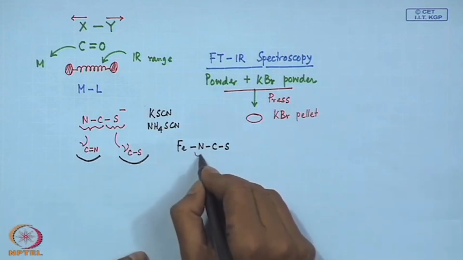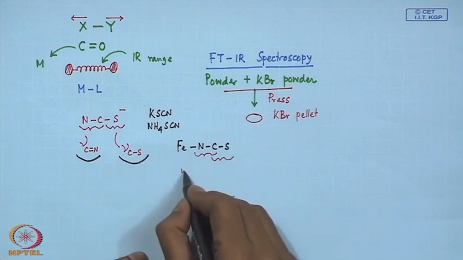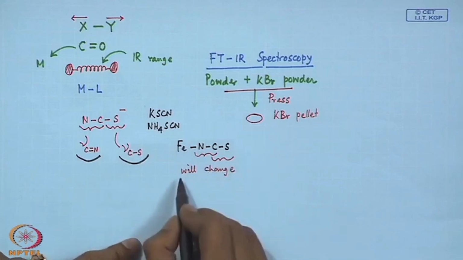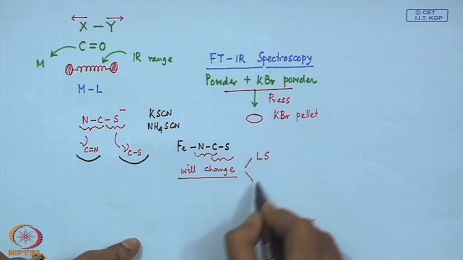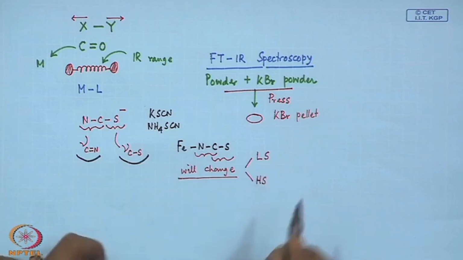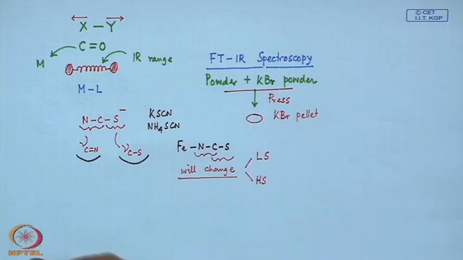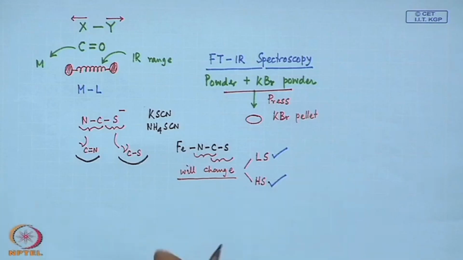The CN stretching frequency as well as the CS stretching frequency will change due to coordination, and how much it changes will depend on whether we have a low spin compound or a high spin compound. So, for a low spin compound where thiocyanates are bound to the iron site, we have characteristic stretching frequencies for this spin state. Similarly, the other values we get for the HS complex will be characteristic for the high spin compound.